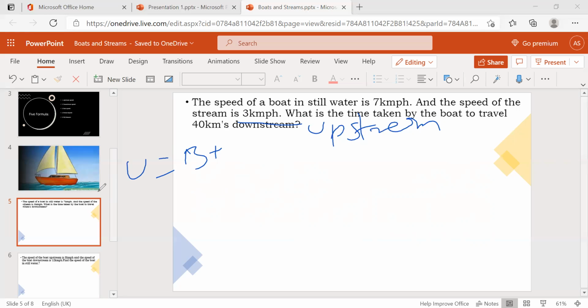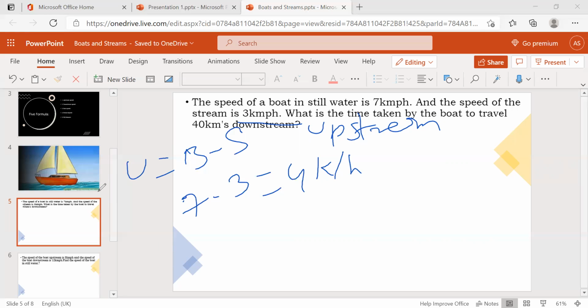Guys, you have to see me. B minus S, so 7 minus 3 is nothing but 4 kilometers per hour.